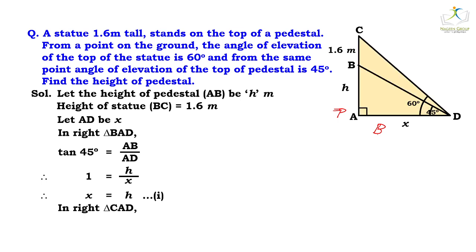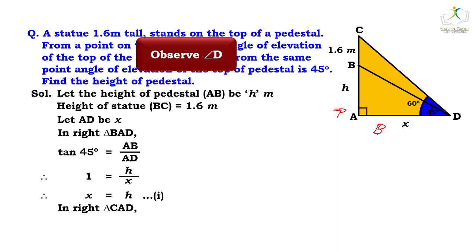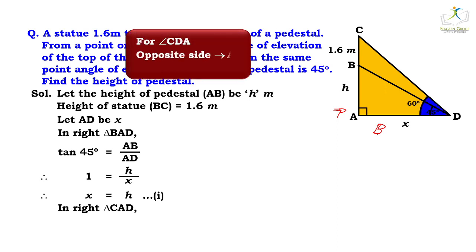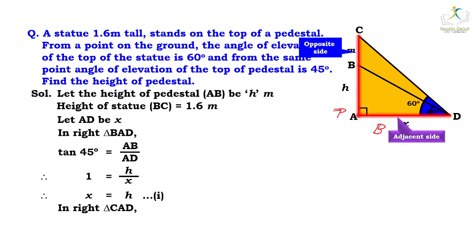In right angle triangle CAD, take a triangle CAD. We have here D, CDA, opposite side, it's given here AC, opposite side is AD.